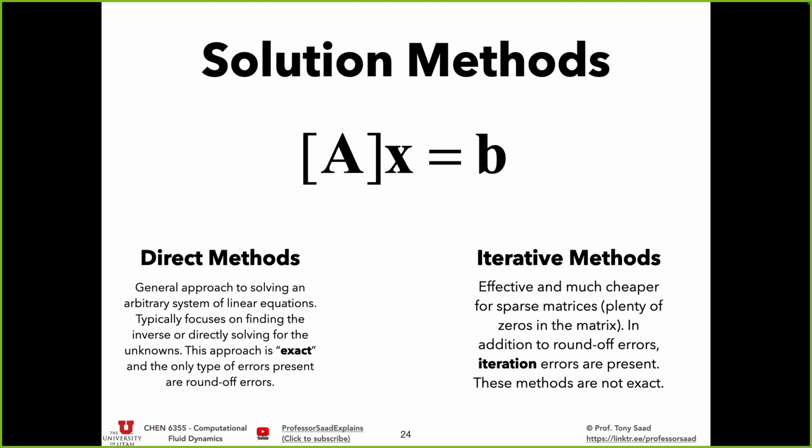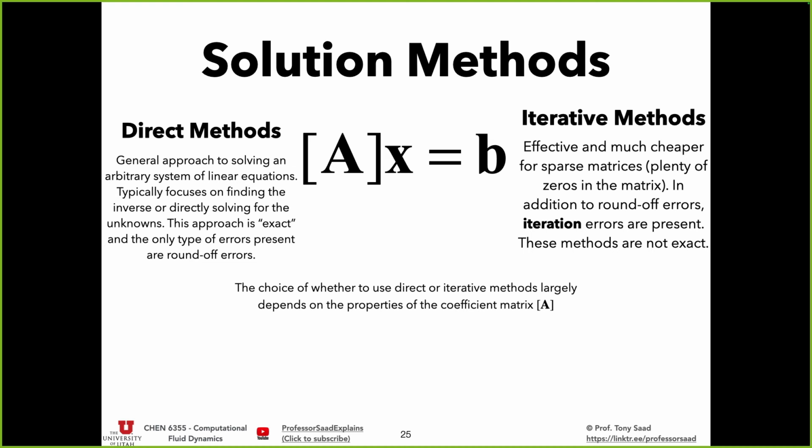You have so much error in the divergence, so you might as well relax your tolerance. Same thing here. Iterative methods, although they're not going to give us an exact solution, will get very close. Typically, in our production codes, we set our tolerances to 10 to the minus 7, 10 to the minus 10 tops. That's kind of the lowest tolerance we set, and then we move on with life, and that's acceptable, okay?